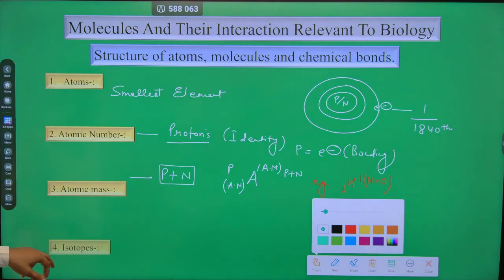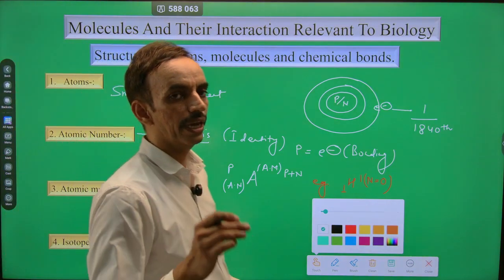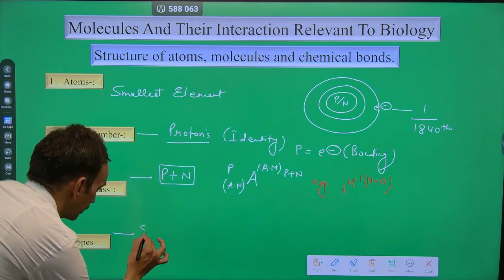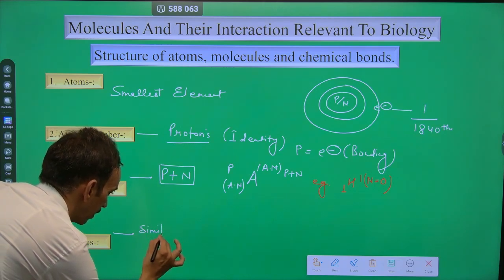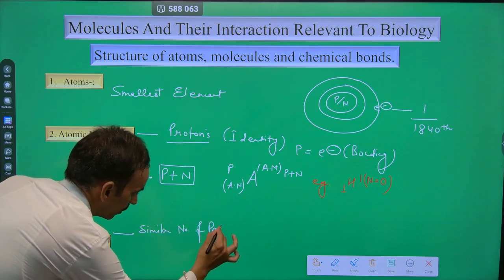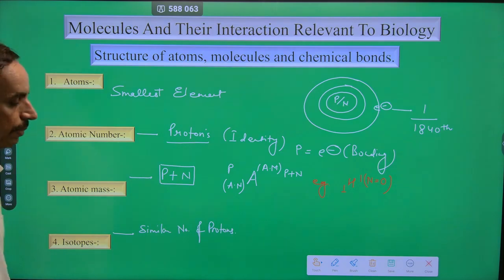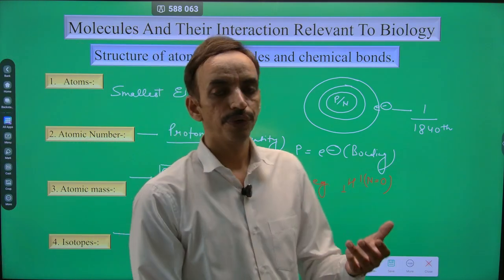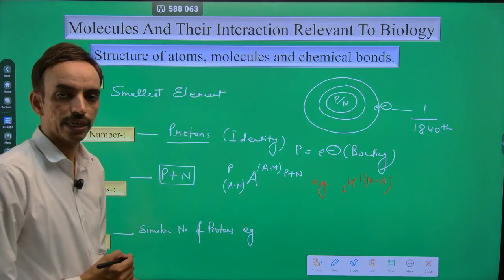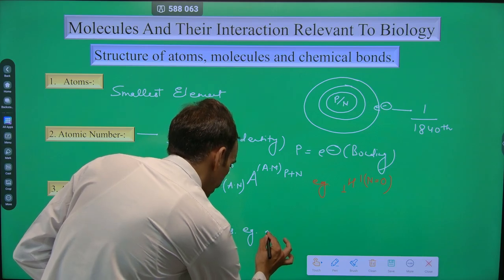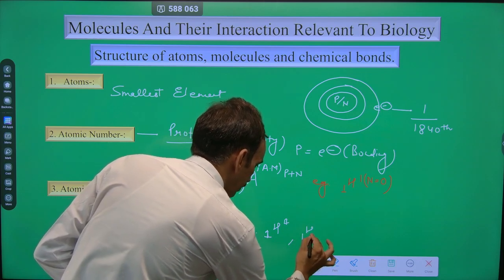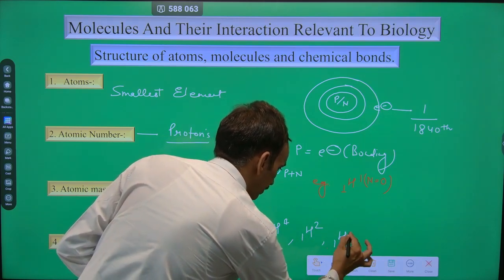Next is the isotopes. Isotopes have identical positions in the periodic table, meaning they have a similar number of protons, or in other words, a similar atomic number, but the number of neutrons is different. For example, again taking the hydrogen atom, there is 1H1, 1H2, 1H3.